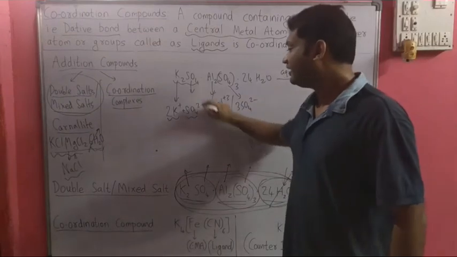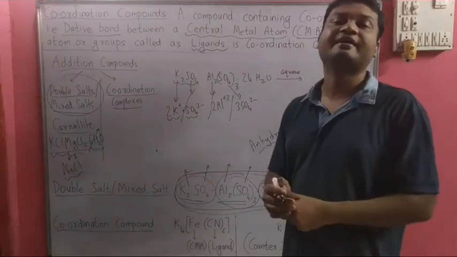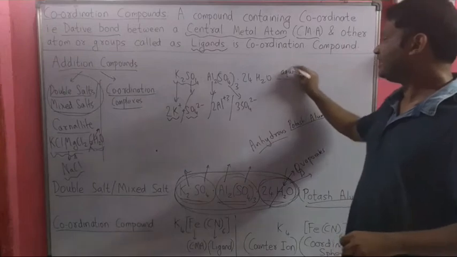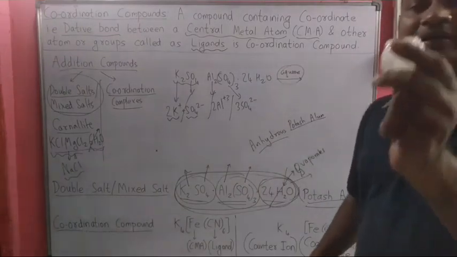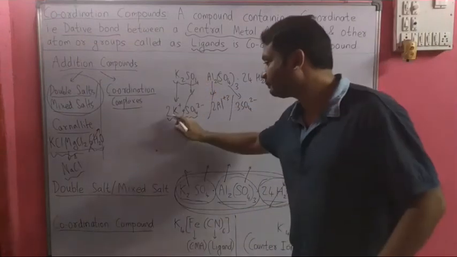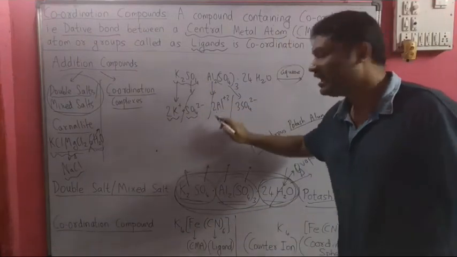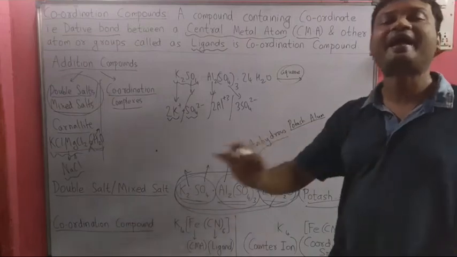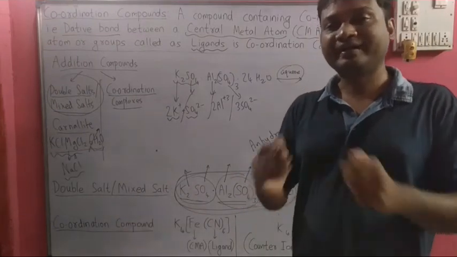So upon taking aqueous solution of a double salt, we get its constituent ions like potassium, sulfate, aluminium, sulfate, and so on.